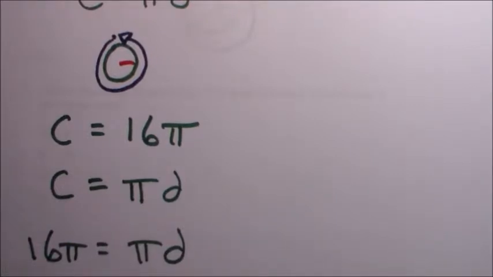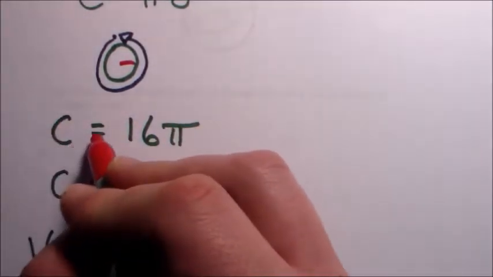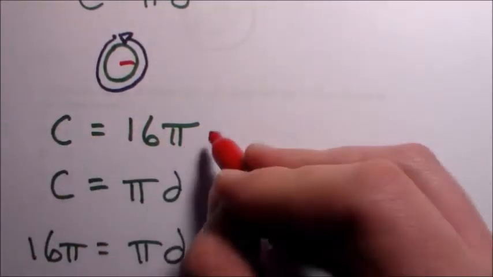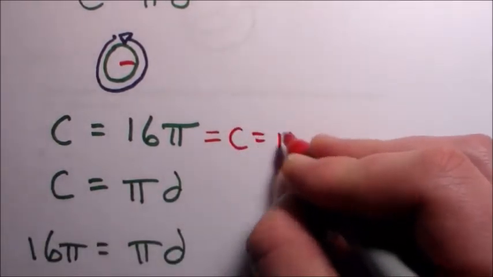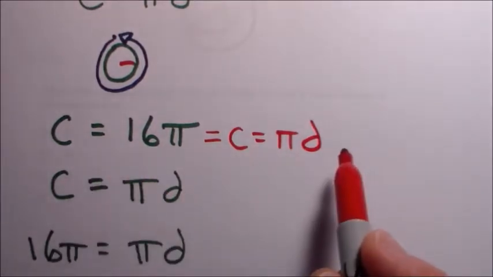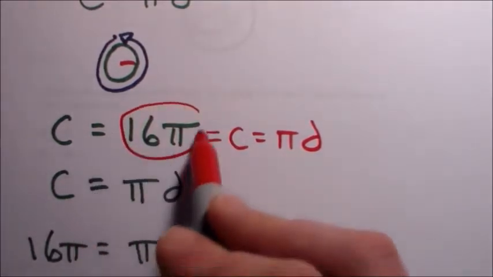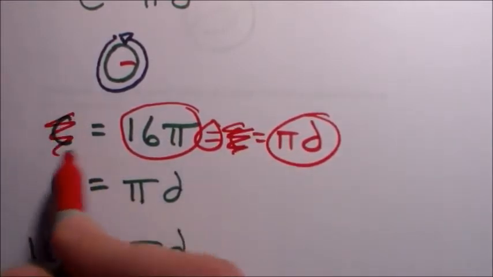Now think about it. Some people get confused here. Some people use the word substitution, and think the word substitution is big, long, and mathy and confusing. Either way, the concept is if C equals this, and C also equals pi times diameter, because they're both equal to C, you can just say that this is equal to that.